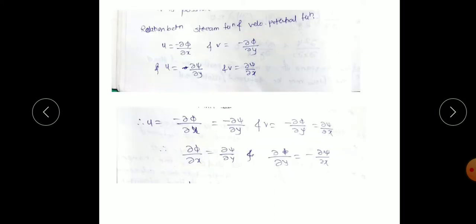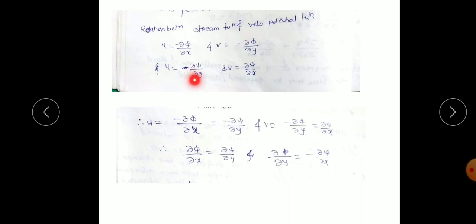So we can obtain the relation between the two, stream function and potential function. So u is equal to minus del phi by del x, and v is equal to this, so this is for our potential function. For potential functions, the negative derivative along a direction gives the velocity in that direction. So u is equal to this, v is equal to this.